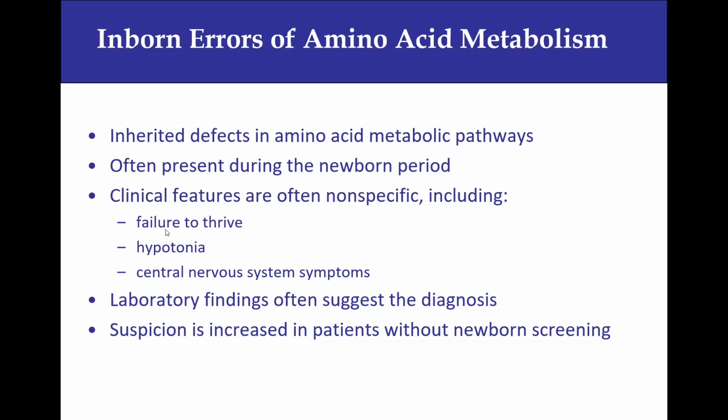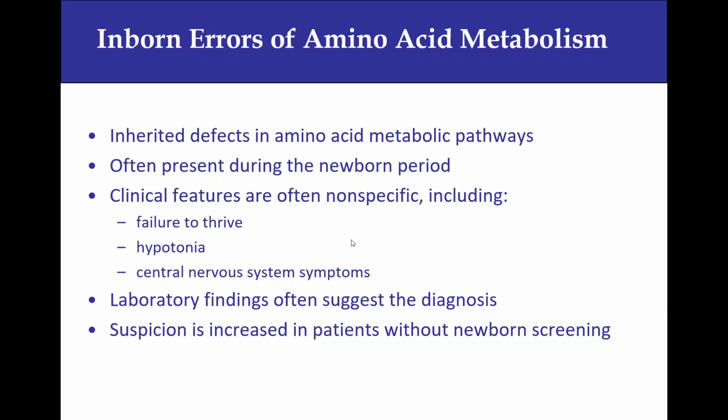You will see that the baby is not growing well, so failure to thrive. He's not putting on weight properly. He has hypotonia. What do we mean by hypotonia? Poor muscle tone. And he will have signs of developmental delay. So he will have symptoms in the central nervous system.